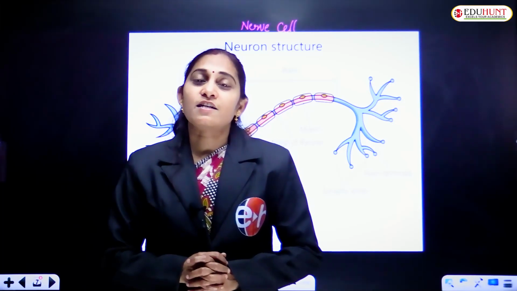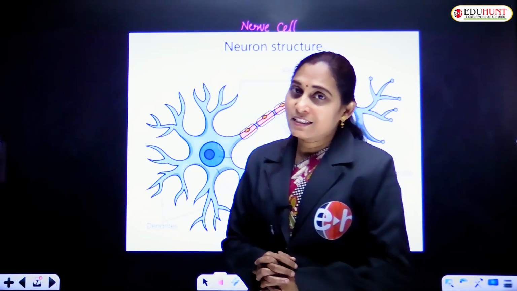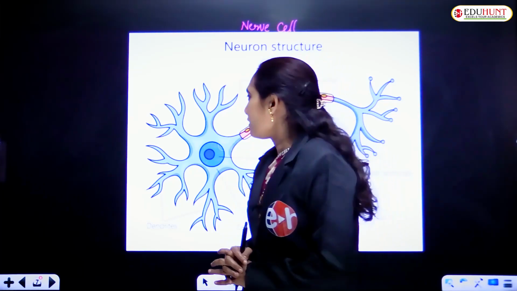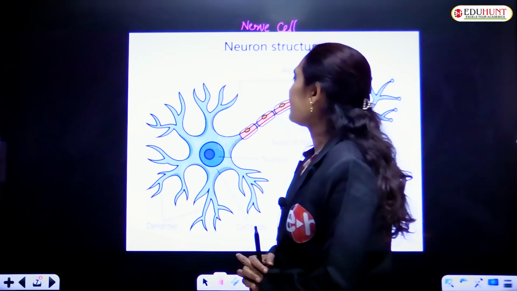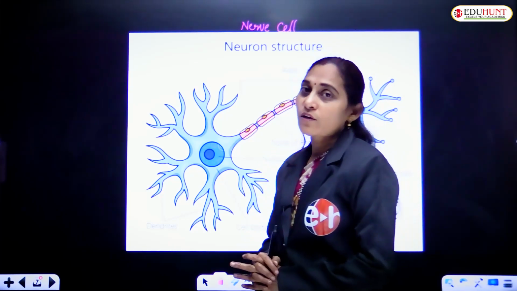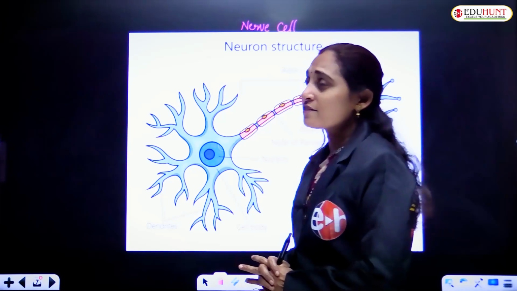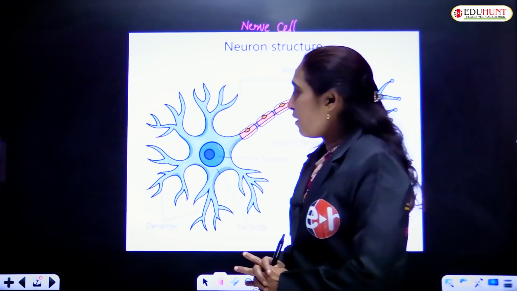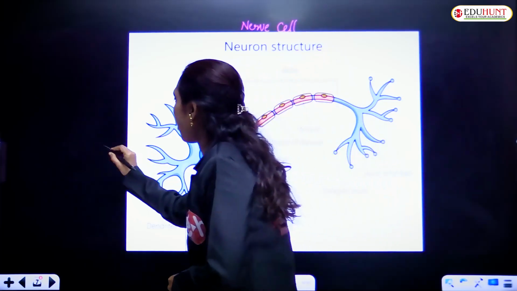In the next class, we will see the different nervous systems. In this session, we explain the details of a neuron or nerve cell. This is the nerve cell and it has two main parts. One is the cell body called the cyton.